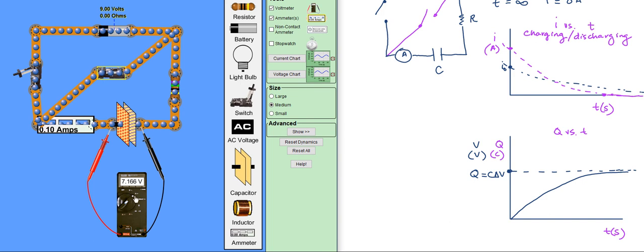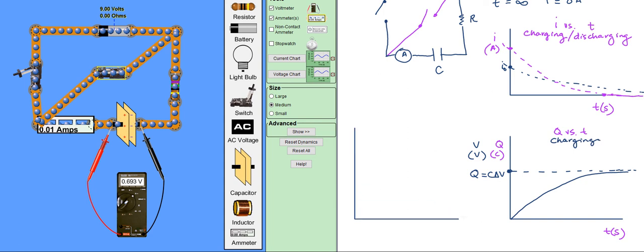Okay, and it's discharging itself from the 9 volts, and it's approaching 0. And so this is for charging here, and the discharging is going to look a little bit different. So I'll go ahead and plot that as well.